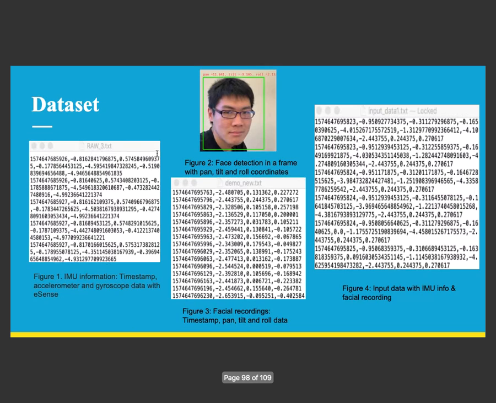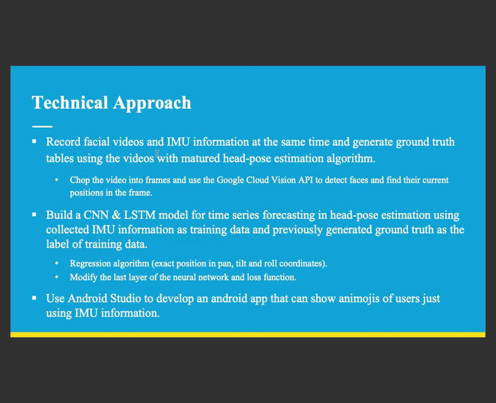So basically, for example, we record a video first, and we chop the videos into frames every 30 milliseconds, and using the Google API to find the three coordinates in each frame to detect the faces, and like I said, record the facial videos and IMU information at the same time.